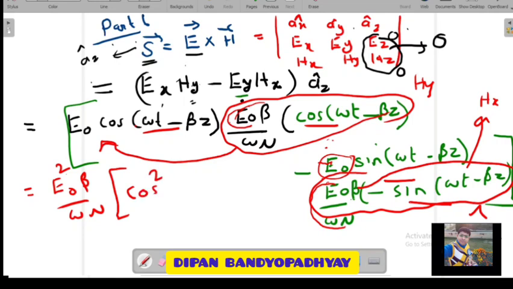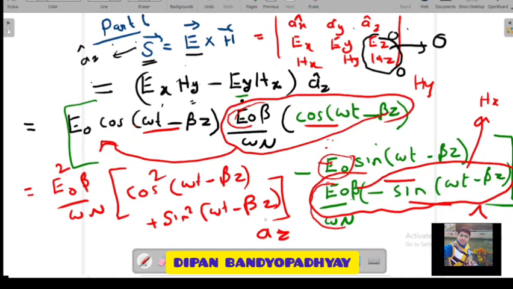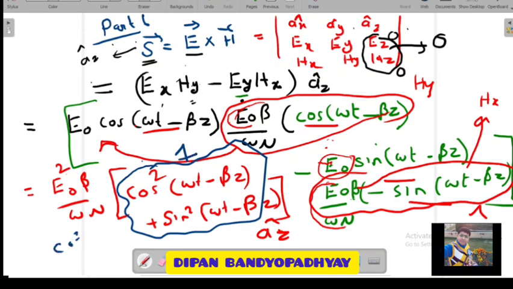So we have cos square(omega t minus beta z) plus sine square(omega t minus beta z), and then we have the unit vector. So from here, this is basically 1. This is, you know, cos square theta plus sine square theta equal to 1.